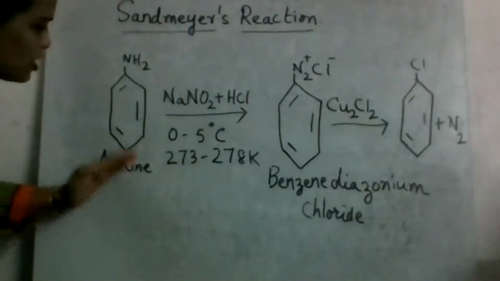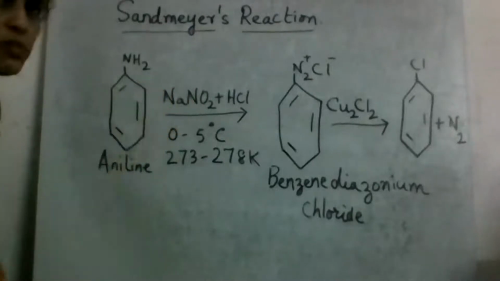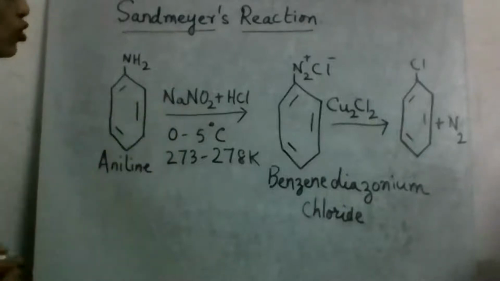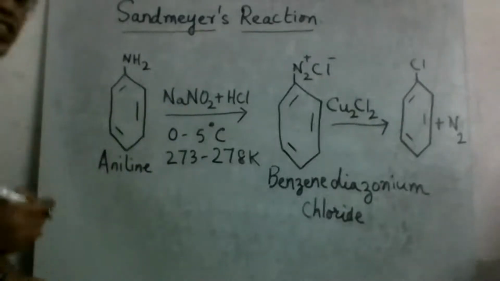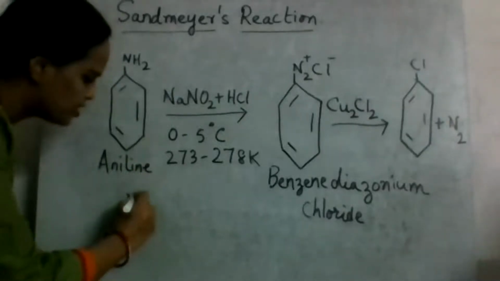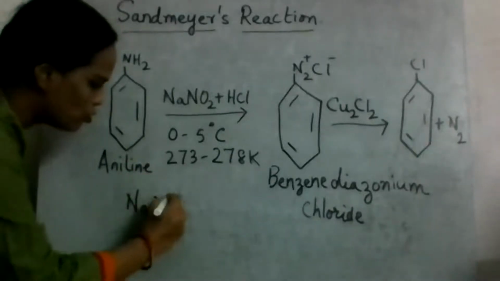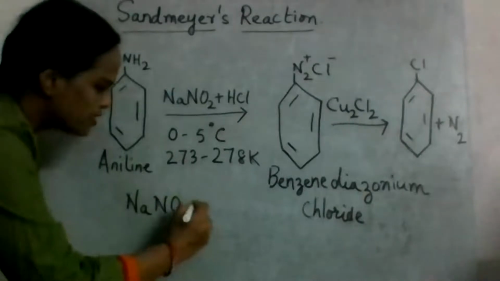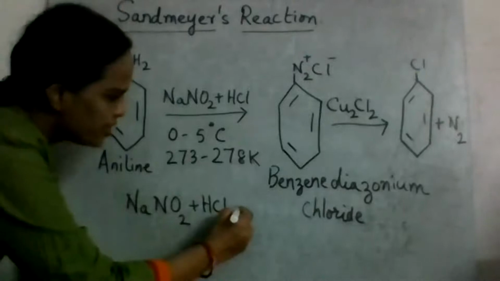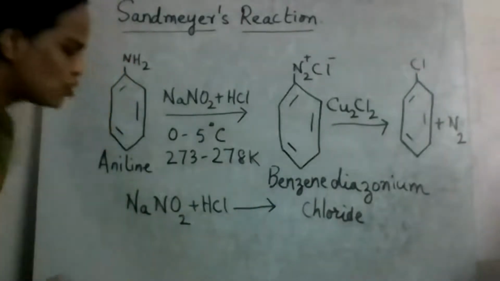So Sandmeyer's reaction is primary aromatic amine treatment with NaNO2 in presence of HCl. Actually, when I treat NaNO2 with HCl, it generates nitrous acid. See, I am writing the reaction here. NaNO2 plus HCl, temperature condition 0 to 5 degrees Celsius. So what is generated?